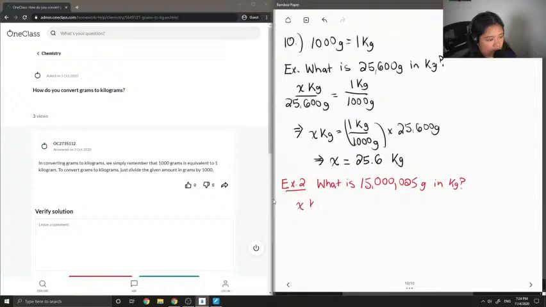Again, it's going to be x over whatever value is given. Moving that over to the right side.